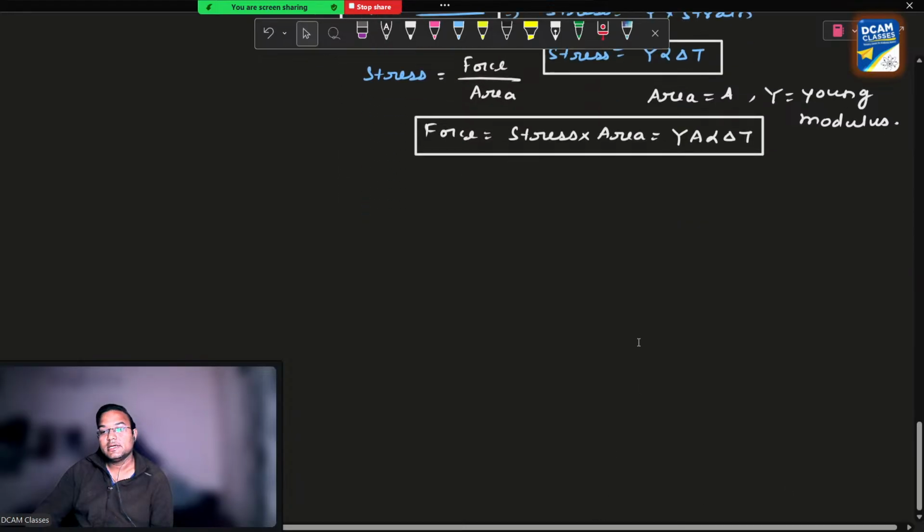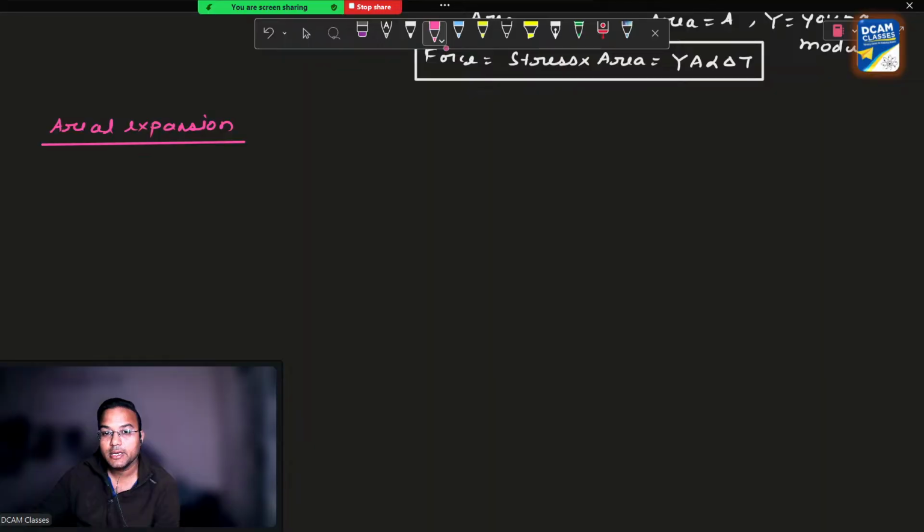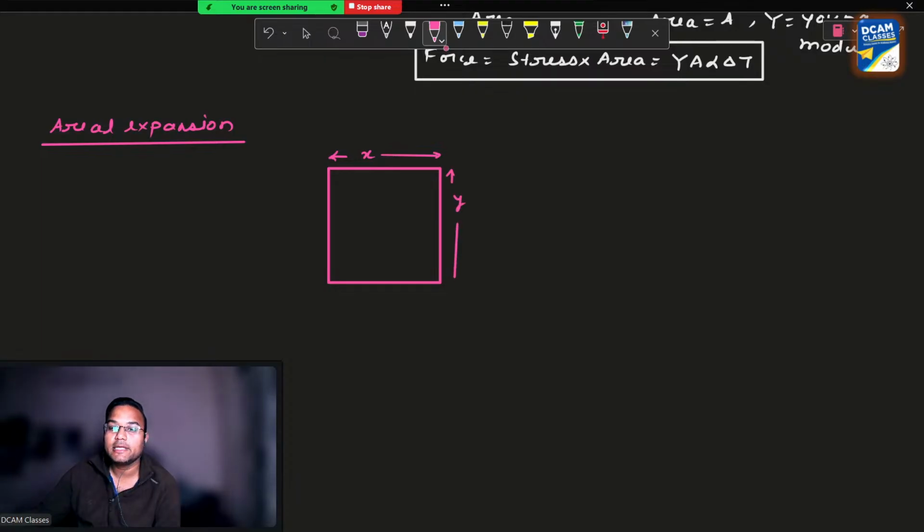Now, with this, let me quickly tell you about areal expansion and volume expansion also, and then we'll solve some problems. What is areal expansion? In the above case, I assumed there is no increase in the area. But now I'll increase the area of the body. Let's say initially the length was x and the breadth was y. It's looking like a square, but you believe it is a rectangle.